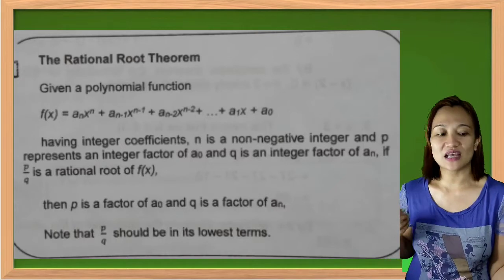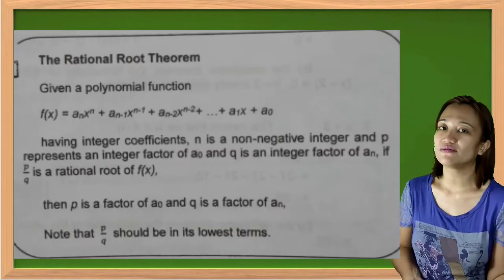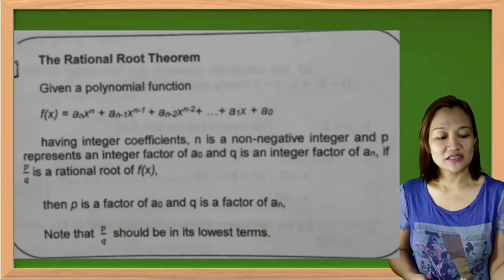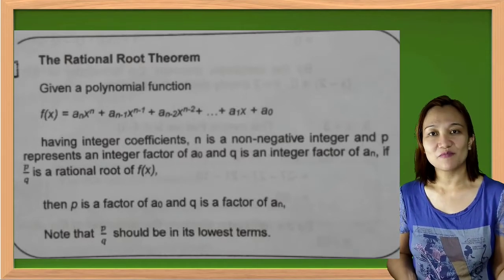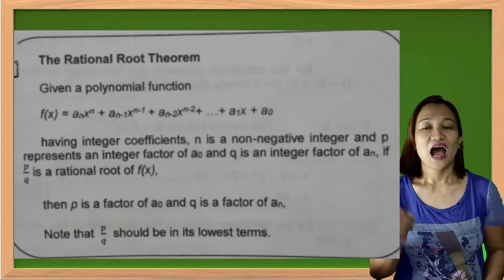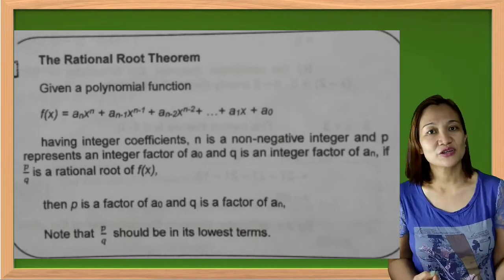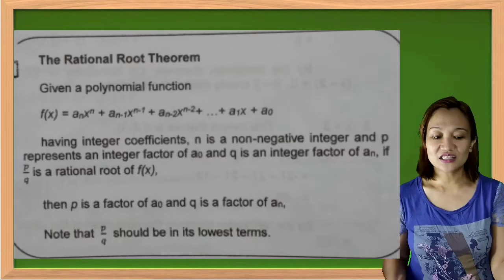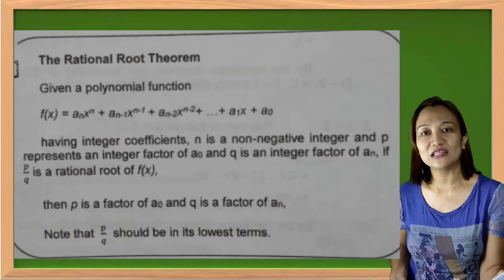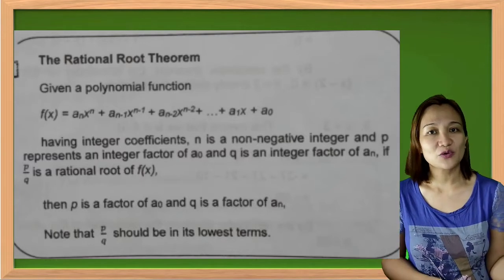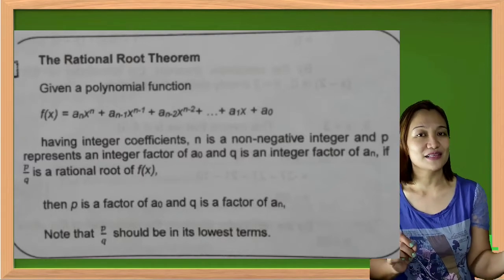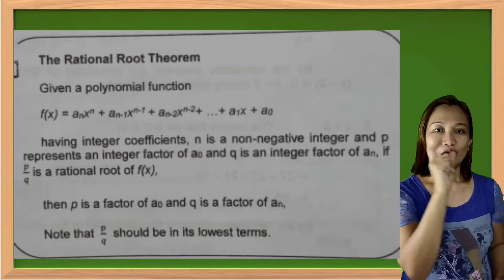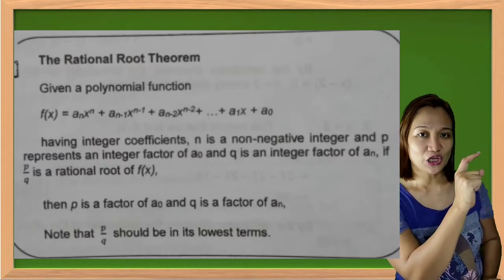So, p is an integer factor of the constant term. And q is an integer factor of a sub n. Ulitin natin. Ang p is an integer factor of the constant term, and q is an integer factor of the leading coefficient. Ang leading coefficient po natin is a sub n. Okay? Constant term sa dulo, din yung leading term.